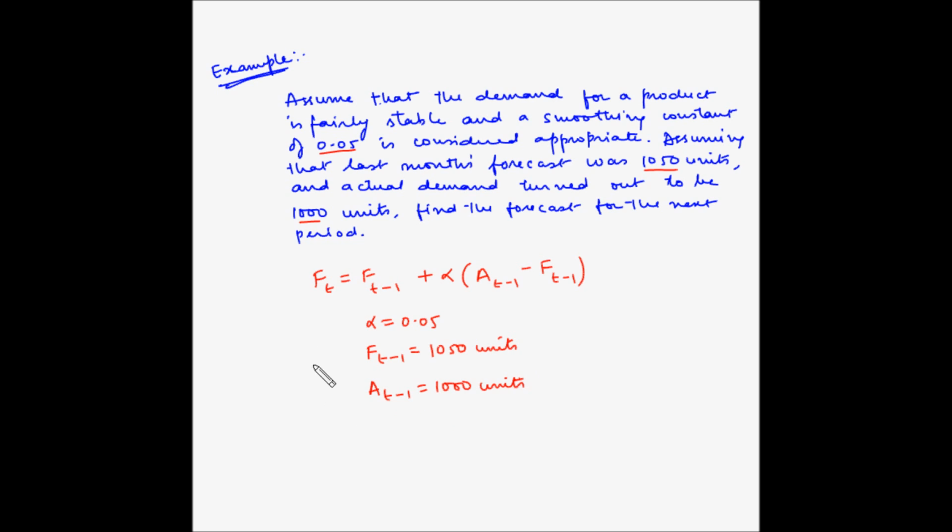So let's plug in the values here. So ft is equal to 1050 plus 0.05 multiplied by 1000 minus 1050, which is 1050 plus 0.05 multiplied by minus 50.